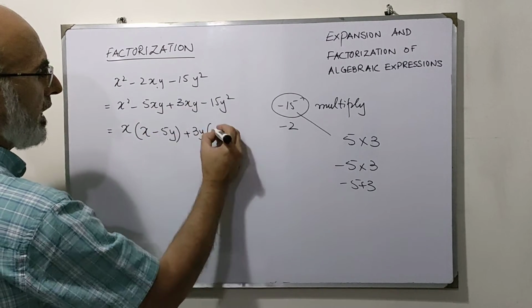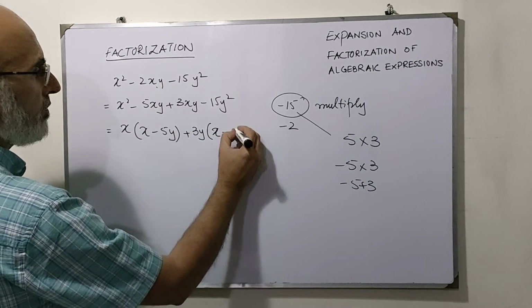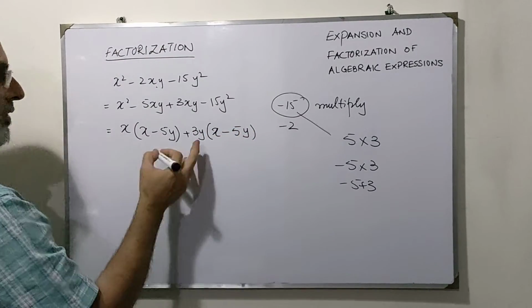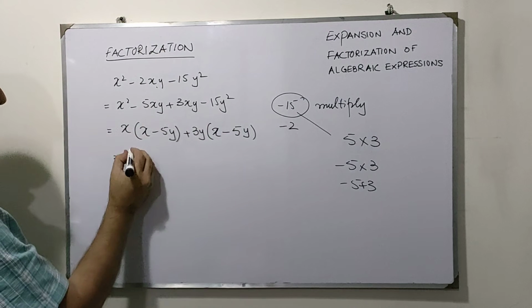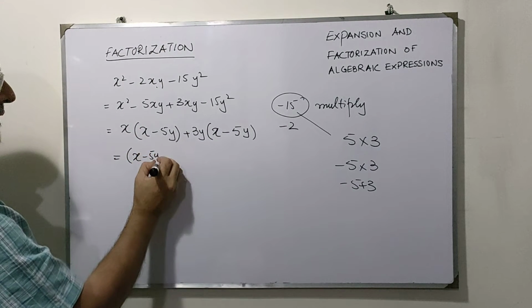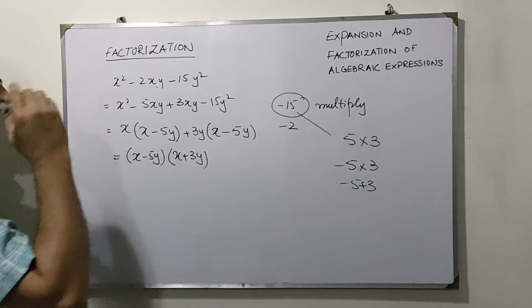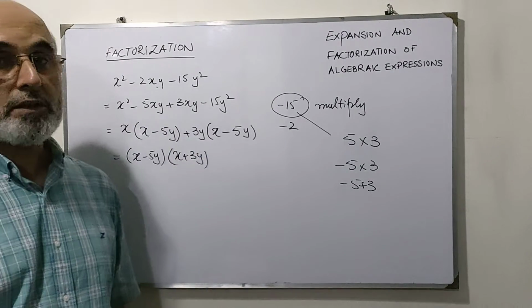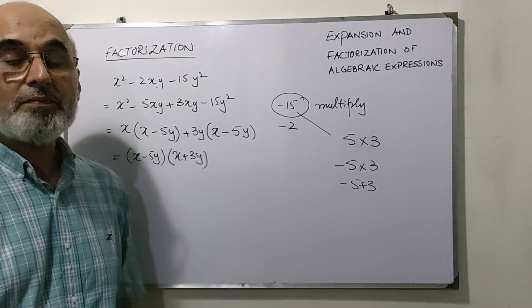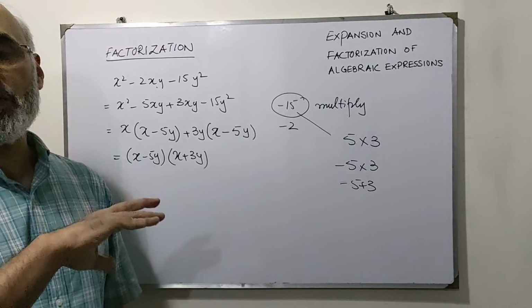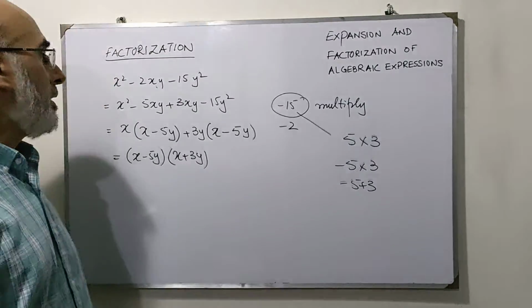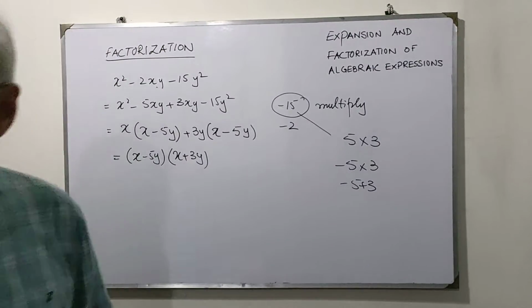What do we get here? (x minus 5y), and now x minus 5y is common. So (x minus 5y) into (x plus 3y). This is the factorization of this. It was pretty simple, just a bit different from what we have already done in chapter 3. Okay, let's take another example.